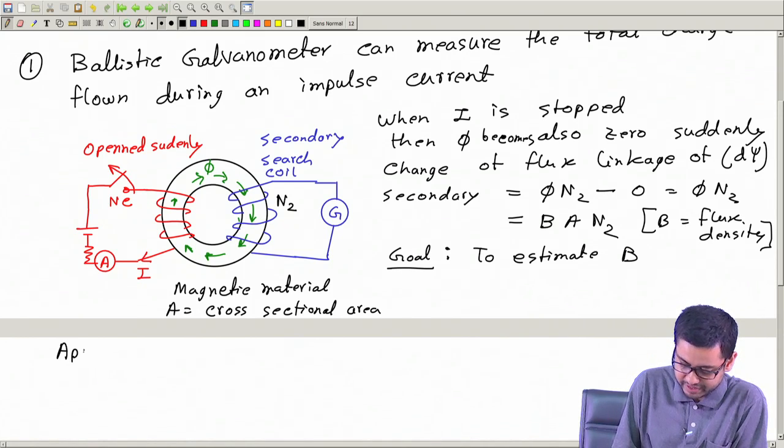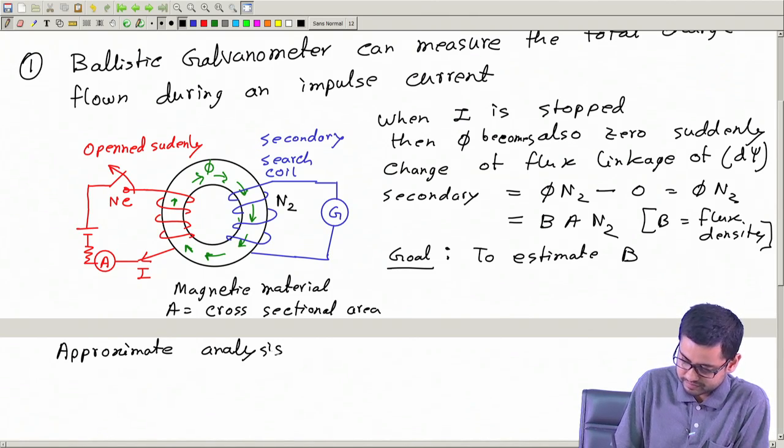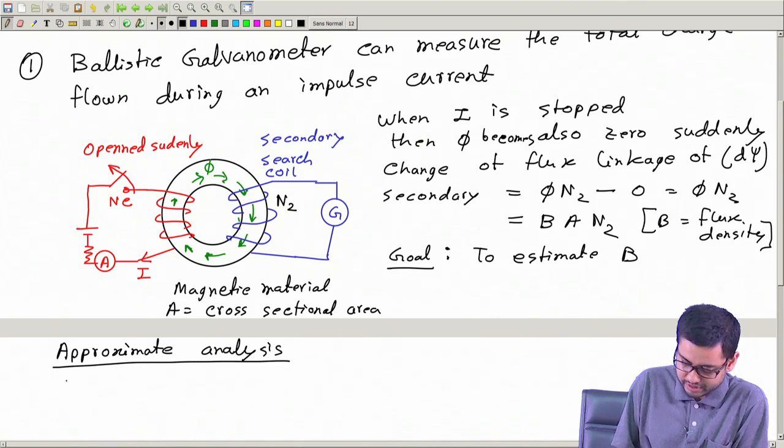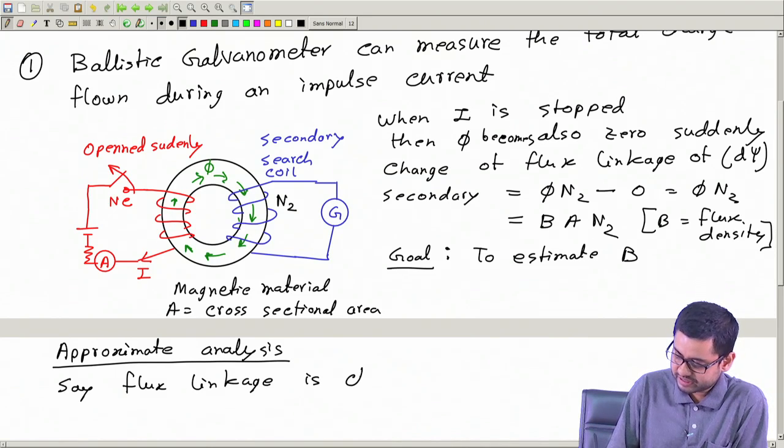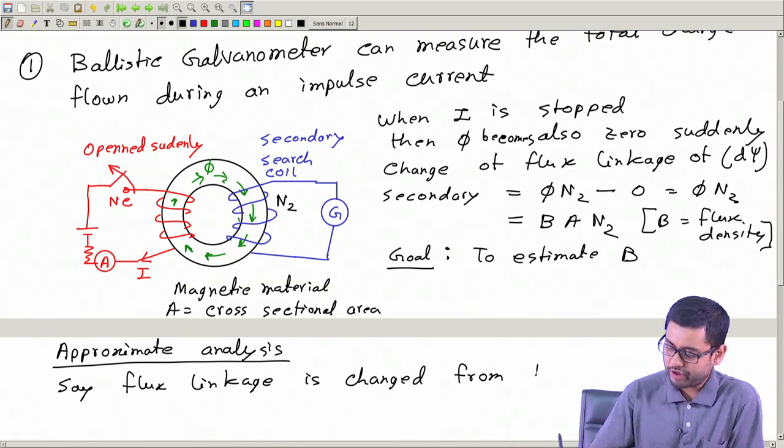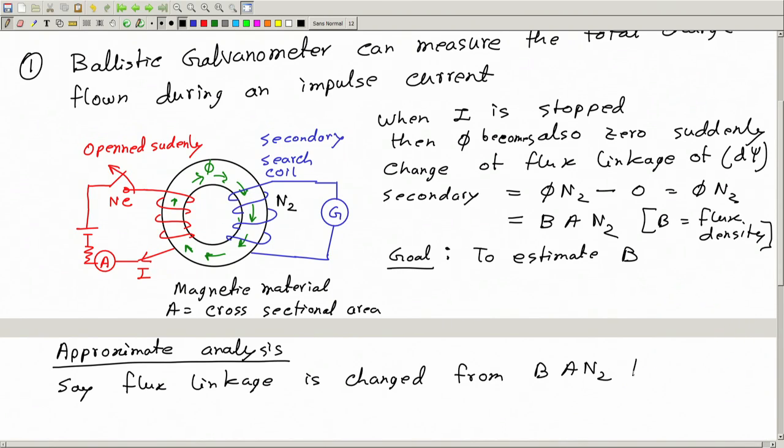Approximate analysis: say the flux linkage is changed from this value BAN2 to 0 in a very small time dt.